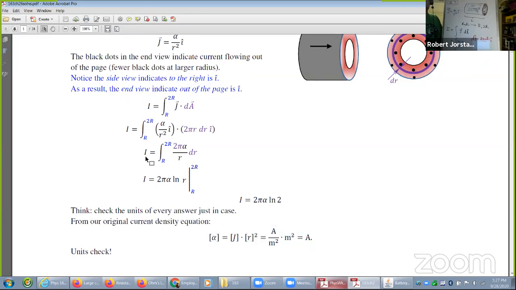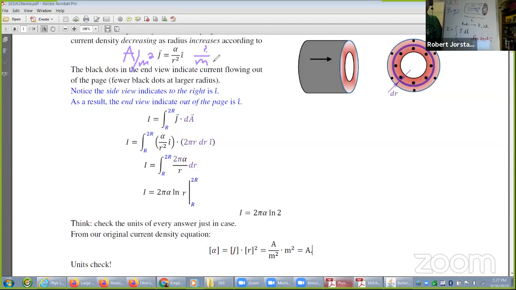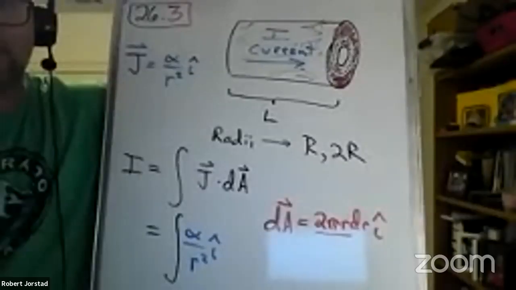Going back to this right up here, I know this has units of amps per meter squared because it's a current density, and this has units of meter squared on the bottom. So clearly the units of the top have to be amps. All right, so far so good. I told you 20 problems wouldn't be that bad. What else are we doing here? I think that's it for that one.